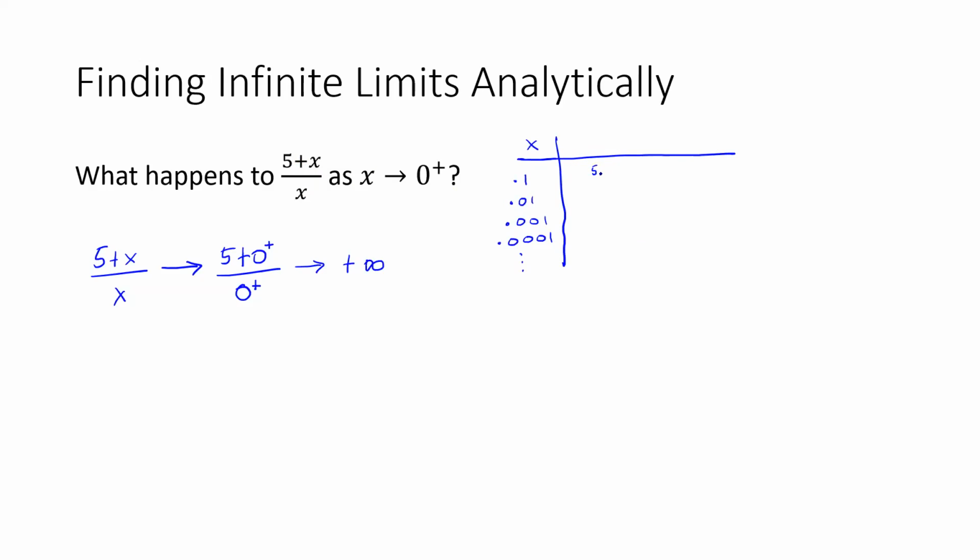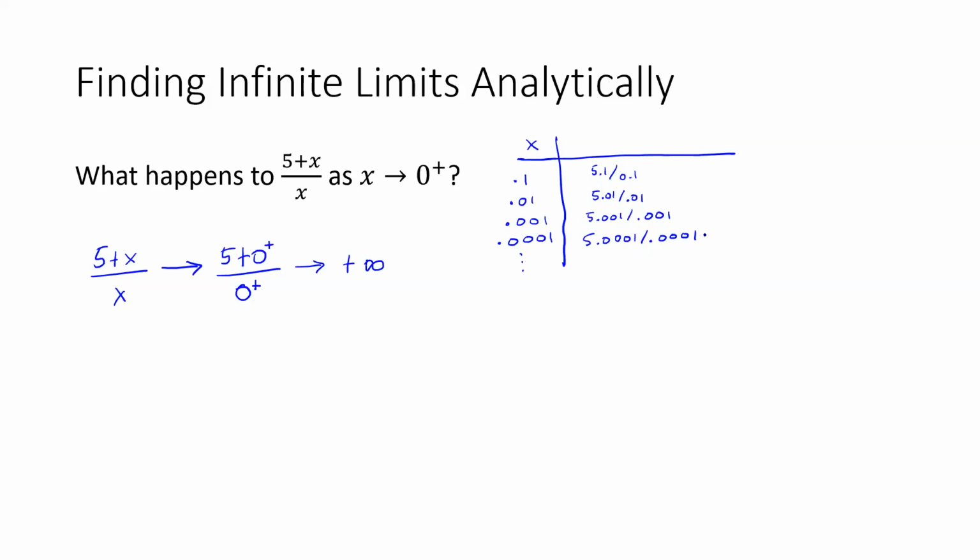So like 5.1 over 0.1, 5.01 over 0.01, 5.001 over 0.001. In any case, what happens is we get something that's getting closer and closer to 5, but dividing by something that gets really, really small. And since the divisor here is getting really tiny, the overall quotient is going to get really big.